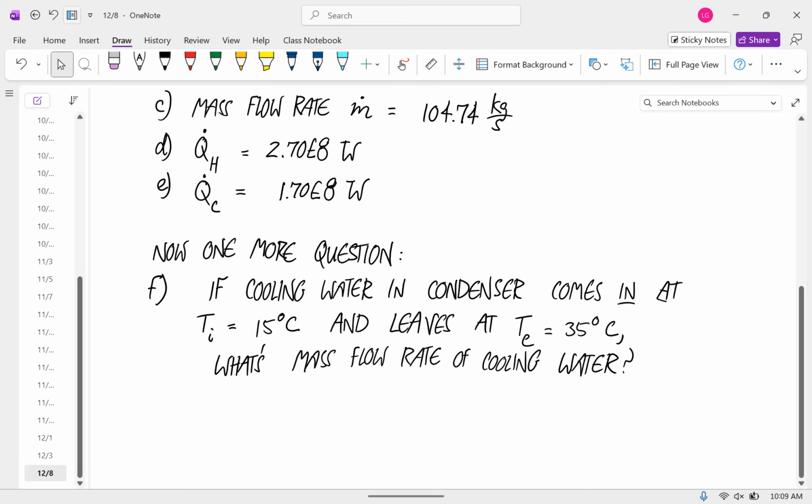So the idea here is the condenser needs to cool down this working fluid. The way it does it is it passes cooler water around it, like a radiator in a car. And that cooling water is flowing.